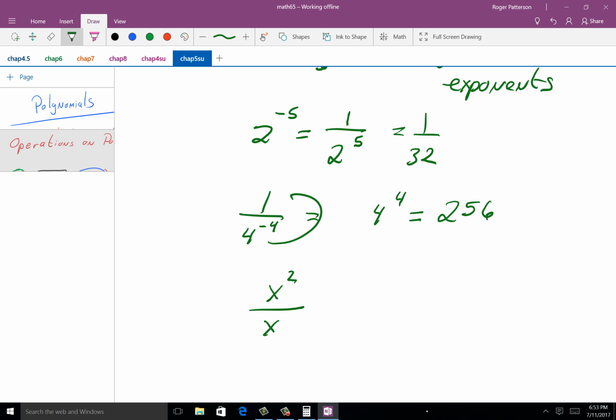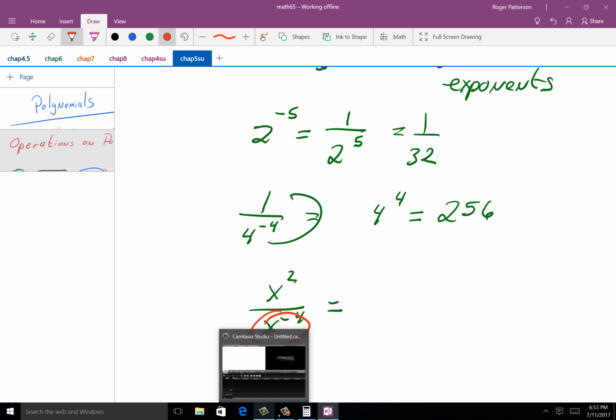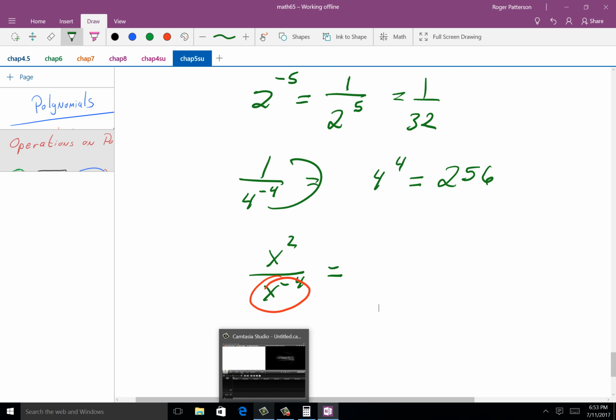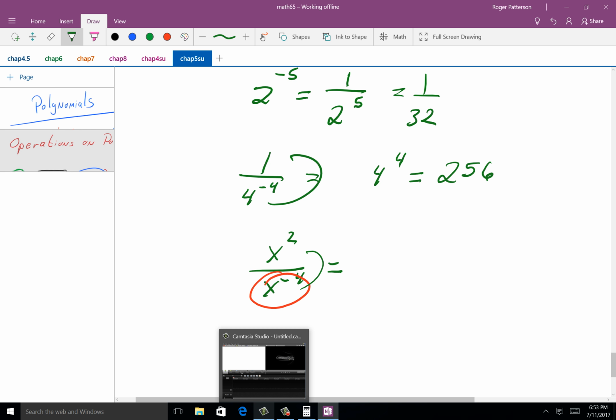If we have something like this, okay, and this one confuses people too. So what happens here is only this one is negative. All right? So then that x to the 4th moves to the top.